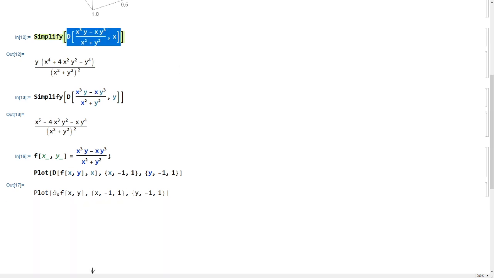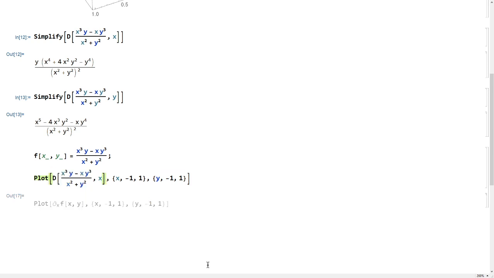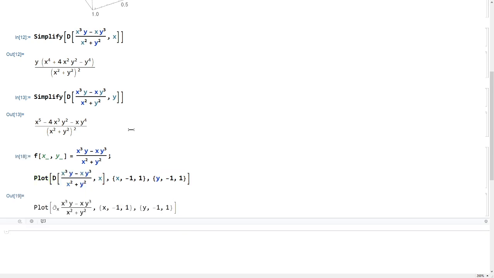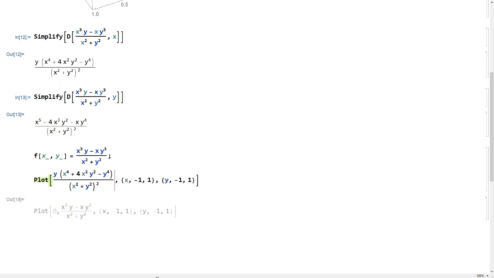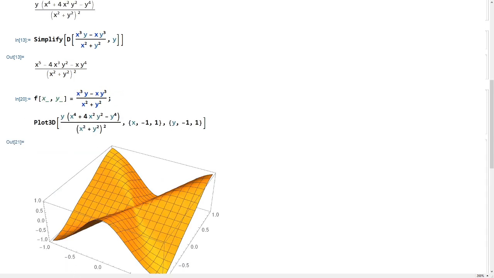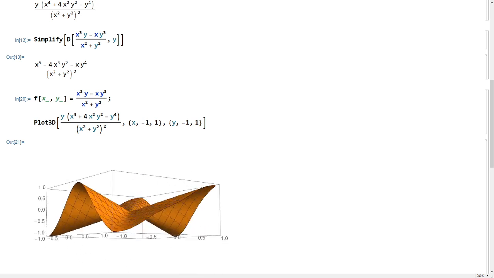I'll have to double check what I've done. All right then. Oh! Multivariable function. I need plot 3D. Sorry. I'm sure all of those that I did would work.